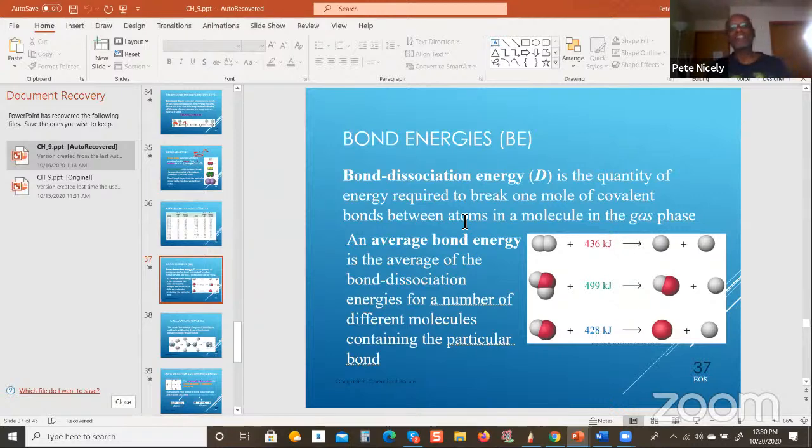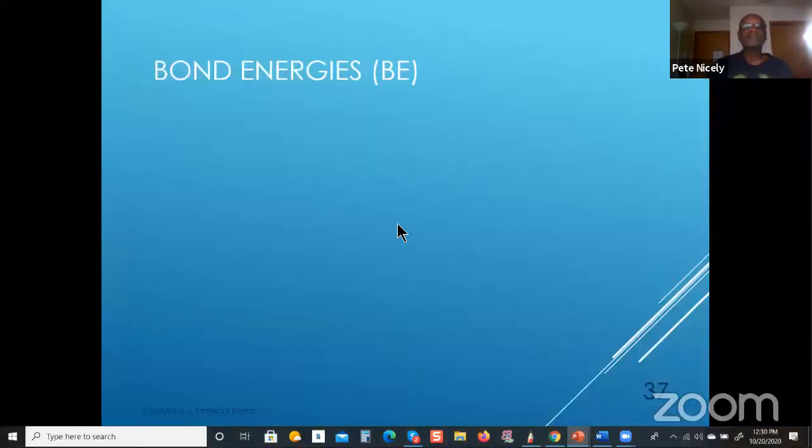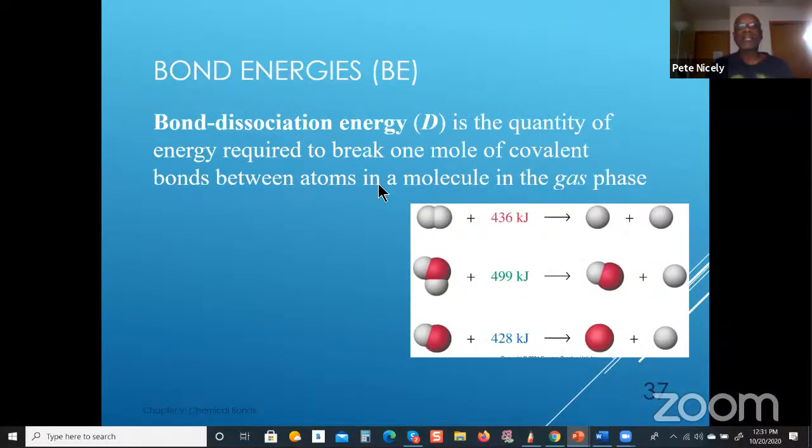Therefore, if you want to separate those atoms, energy is required, right? So that's what the bond dissociation energy is. It is the amount of energy required to break 1 mole of a covalent bond between atoms in a molecule in the gas phase. And this is very important, right? So we're talking about the gaseous reaction where a bond is broken up, all right?